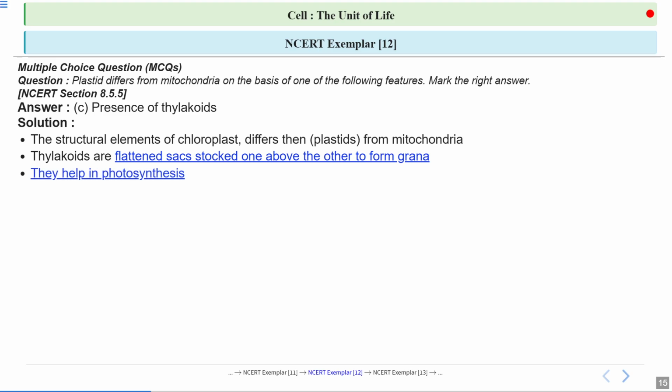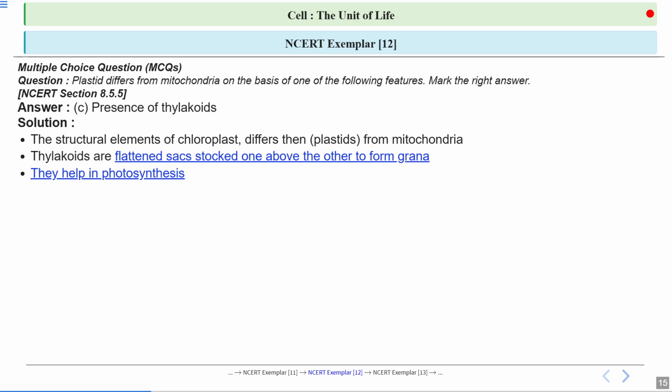So what are they doing inside the chloroplast? They are the site for the light reaction, right? So they are helping in photosynthesis. If you remember, two types of reactions take place in the whole photosynthesis mechanism. If you try to understand, it takes place in two steps.